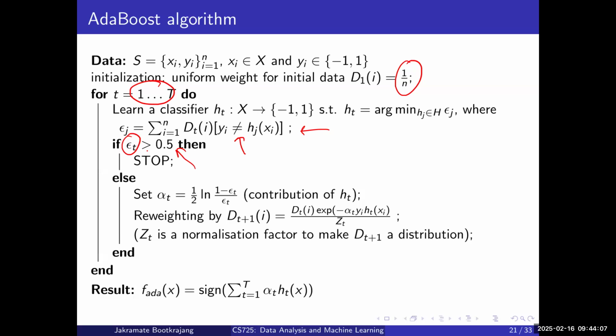So what if the error is less than 0.5? We have this weight updating. First of all, we have to set the alpha, which is the weight for that classifier. This weight for the classifier is set to be 1/2 times the log of 1 minus the error rate, divided by the error rate.